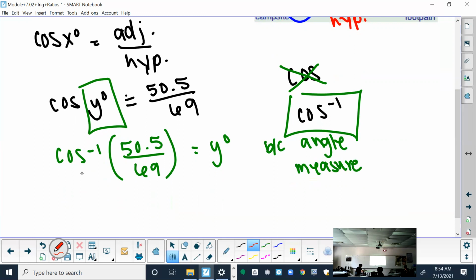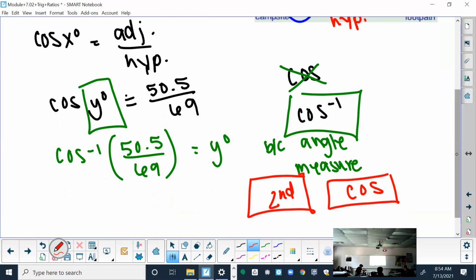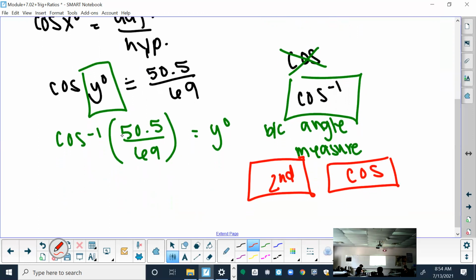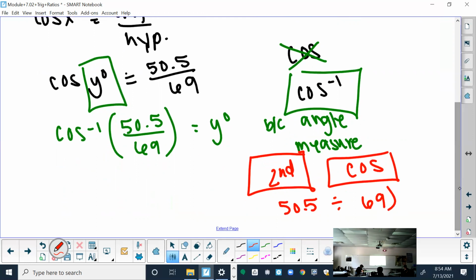So practice doing this function on your calculator. It's kind of like the inverse sine function. You'll hit the blue second button, but this time you'll hit the cosine button after that, so that you see cosine to the -1 on your screen. You'll enter the fraction, then close parenthesis and hit enter.